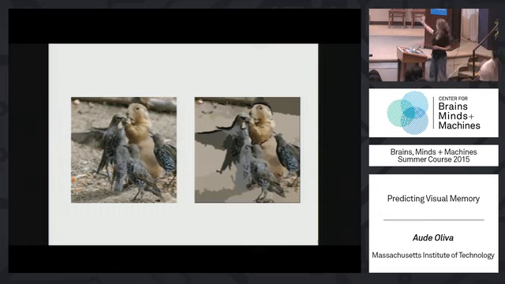And this gives you images on the right that start being weighted by the elements that are memorable and the elements that are forgettable.